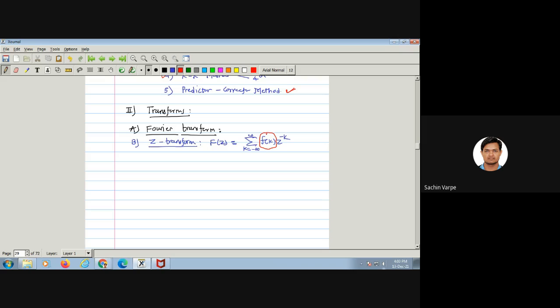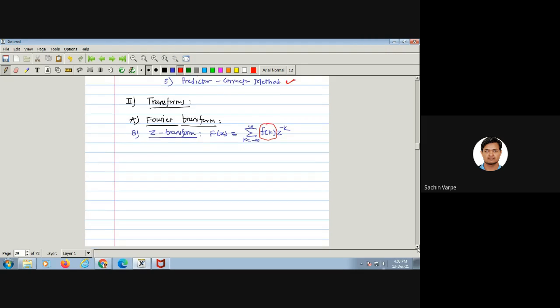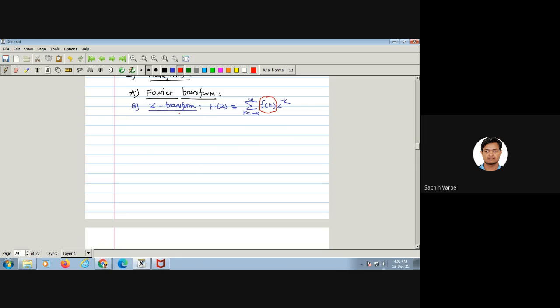So in Z transforms, we have seen the properties of Z transform, some standard theorems of Z transform, and then we have discussed the examples on Z transform using the properties and the standard formulas. Then later we have discussed the inverse Z transform, which is exactly opposite to the Z transform.